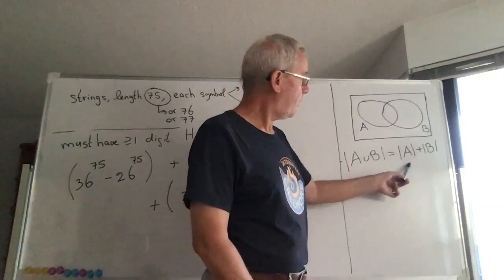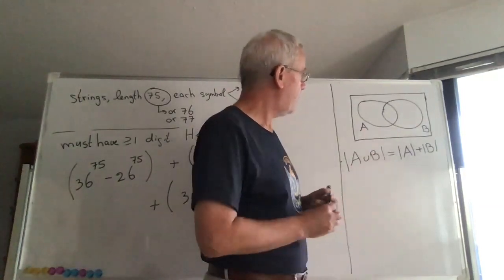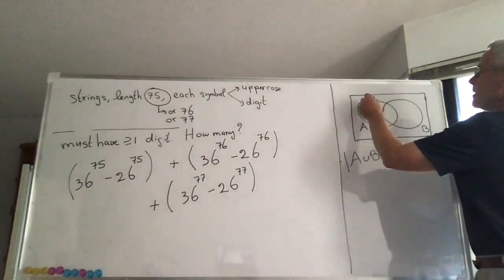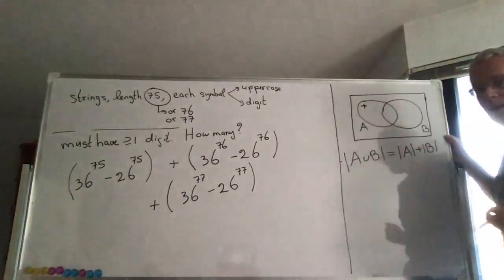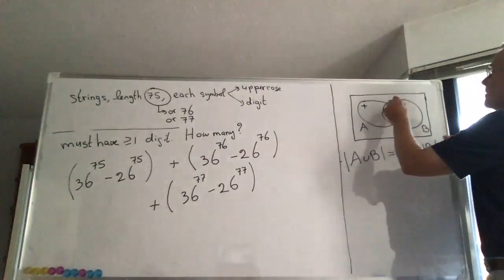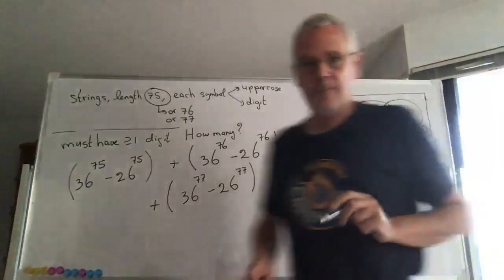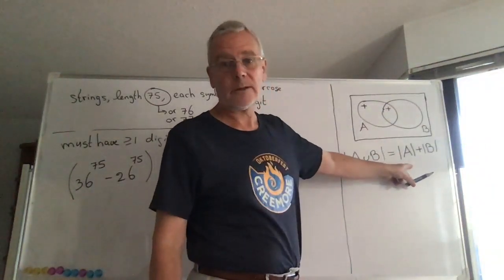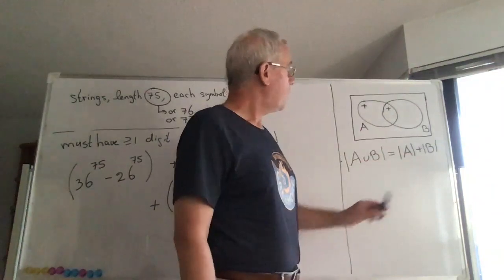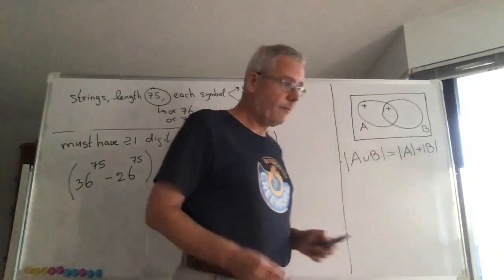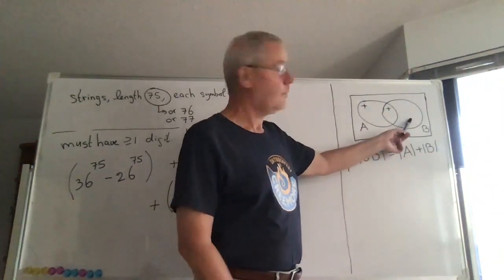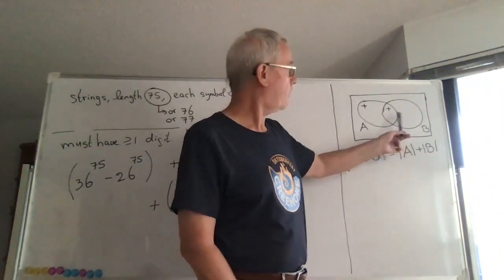So here we have the size of A. That means every element that is in A but not in B has been counted once. Every element that is both in A and B has been counted once. Okay, so this is the term, the size of A. Then we said, well, we add the size of B. Now, an element of B, it can be here, that means it's in B but not in A, or it can be there.